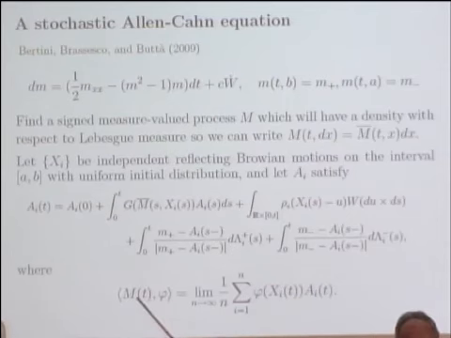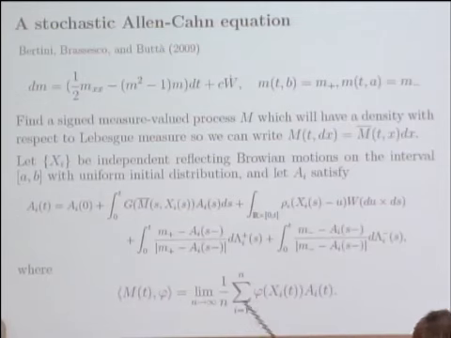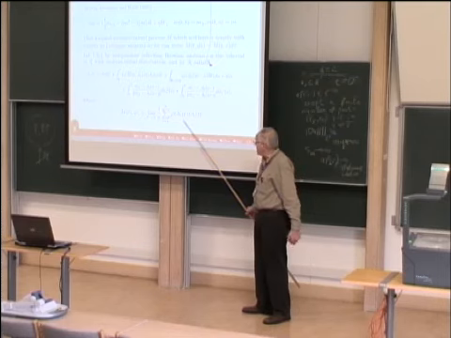I claim that this is a nice signed measure with a Lebesgue density, and that comes from the fact that I know that the xi's are essentially a representation of Lebesgue measure.